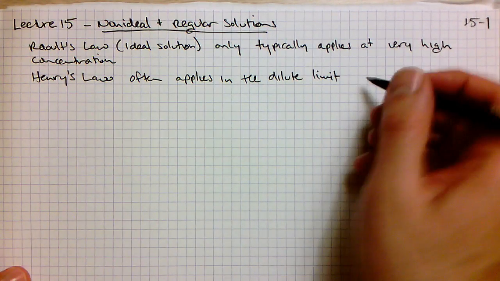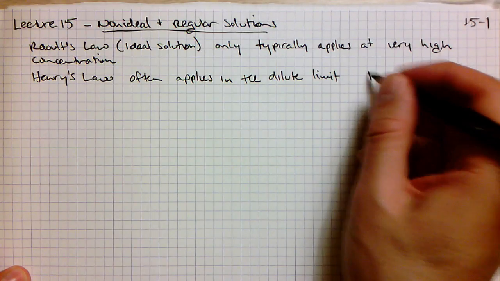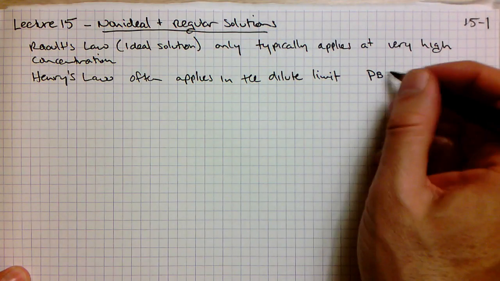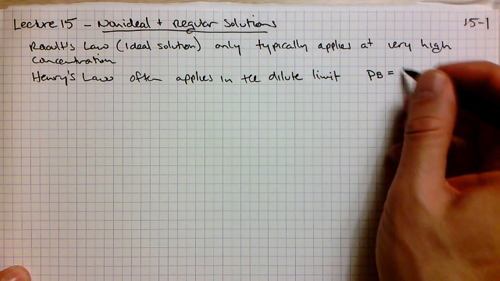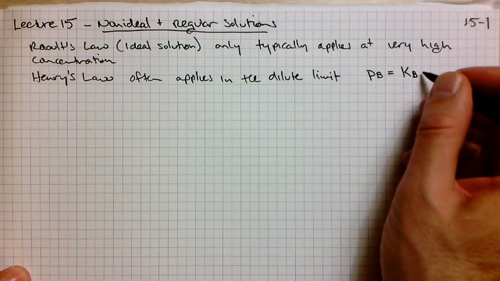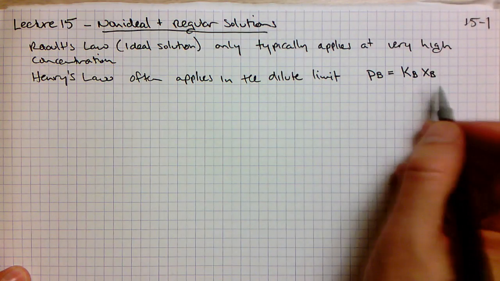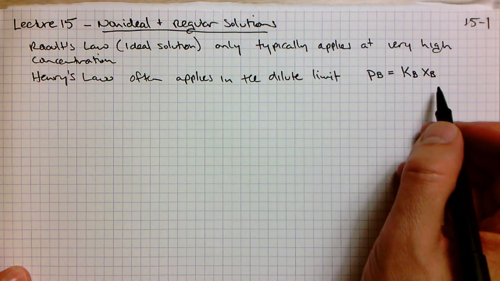And Henry's law just states that the partial pressure of some component B is equal to some constant, which we'll call Kb, times the mole fraction of B. That is, it's linear in the mole fraction of B. So what does this imply?